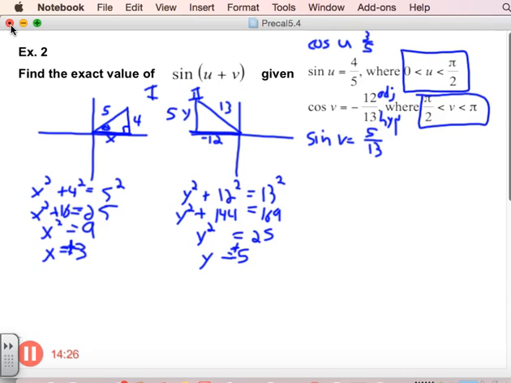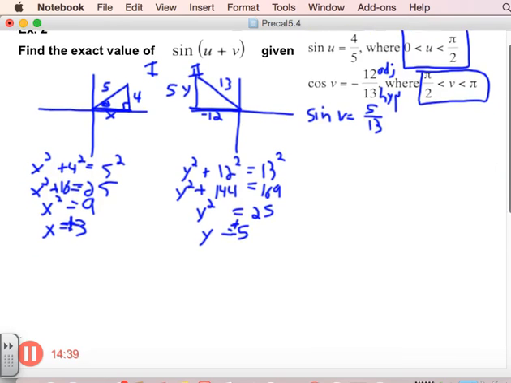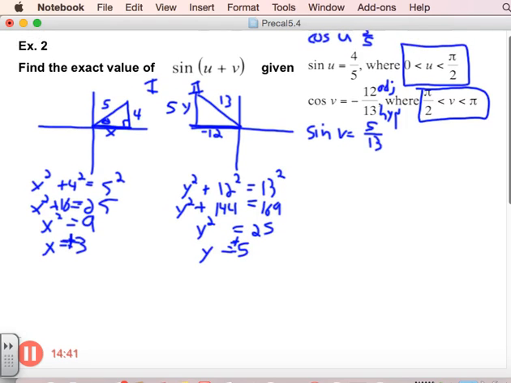All right, so now we know sine u, sine v, cosine u, and cosine v, and we can use those values in our formula to figure out what the sine of u plus v is. So let's plug them in. Sine of u plus v is going to be the sine of u, which we know, times the cosine of v.